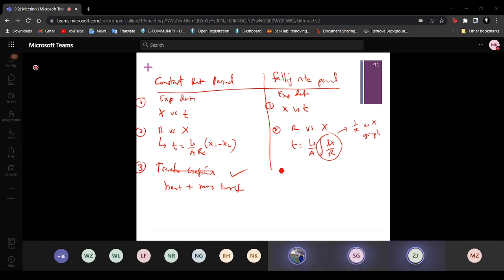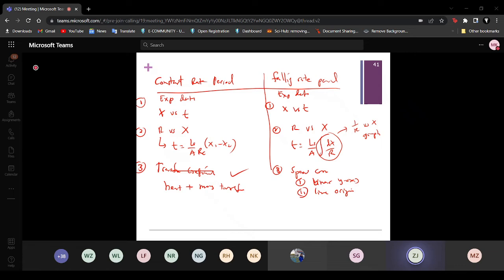And then for falling rate, the number 3 method is a special case. One case is where the line is linear with a y-axis intercept. Another case is linear through the origin.